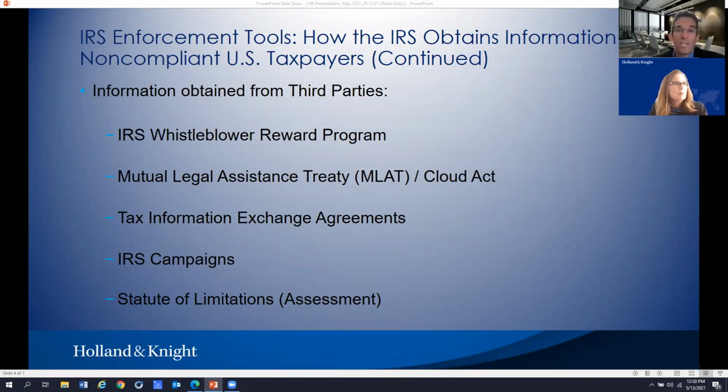The IRS has a whistleblower office, and if a taxpayer sends information to the IRS on another individual, and it turns out they're able to collect from that individual, the whistleblower can get paid a reward. And between 2007 and 2020, the IRS whistleblower office has collected more than $5.9 billion, and they've paid out more than $1 billion in rewards.